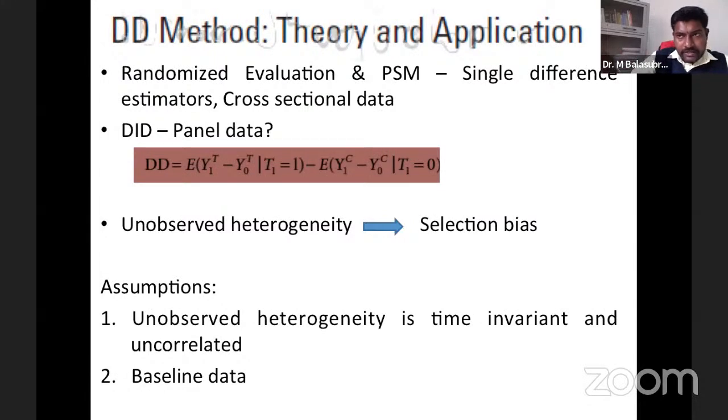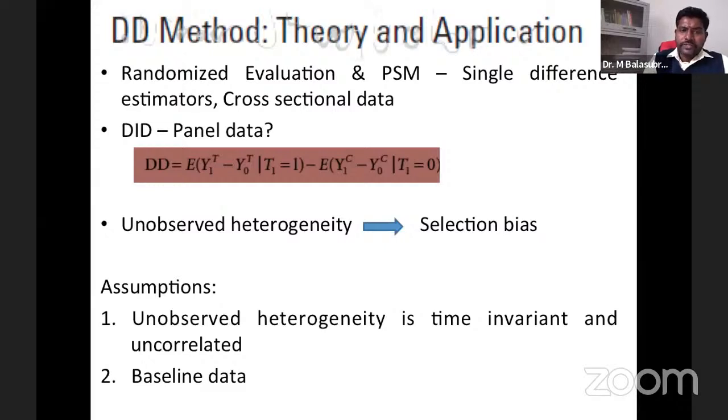That can be captured, and the role of the unobserved heterogeneity will be taken care of in this double difference model. Because if you could not do this, then it may lead to selection bias. If selection bias happened in your sampling and in your evaluation program, then our objective would not be achieved.